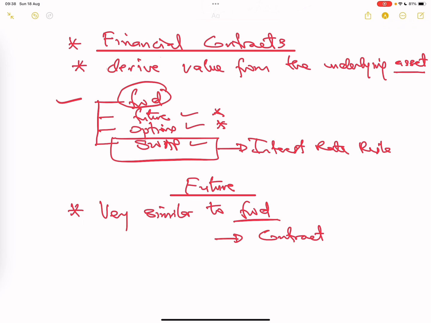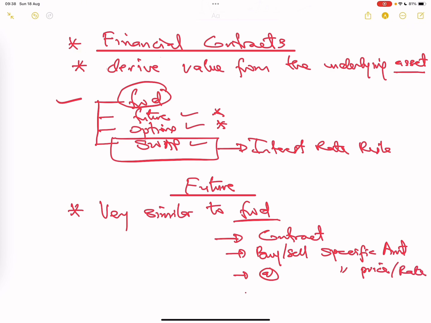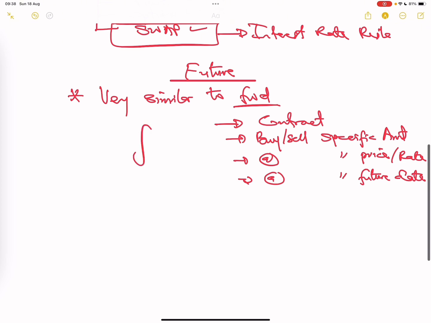So a contract between two people to buy or sell a specific amount of currency at a specific price, which is your exchange rate, and at a specific future date. So the same definition is applicable to future.